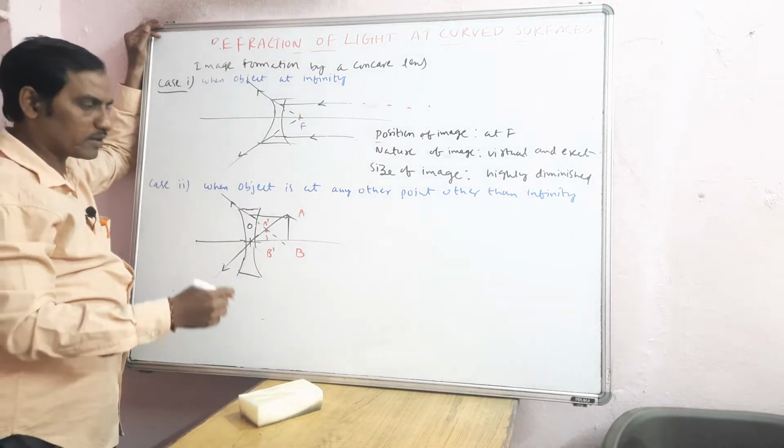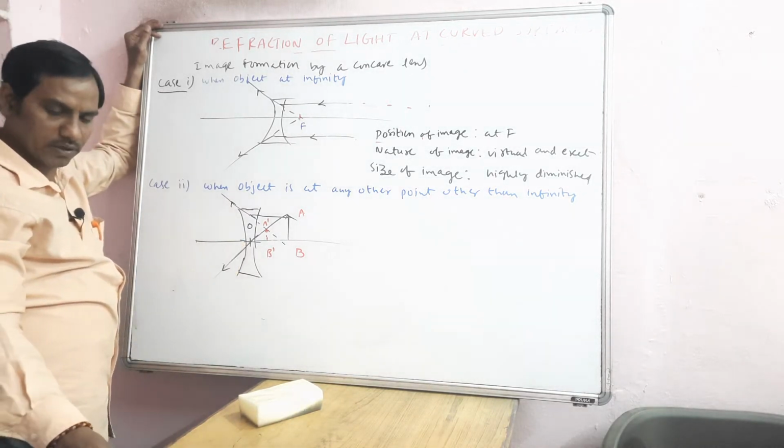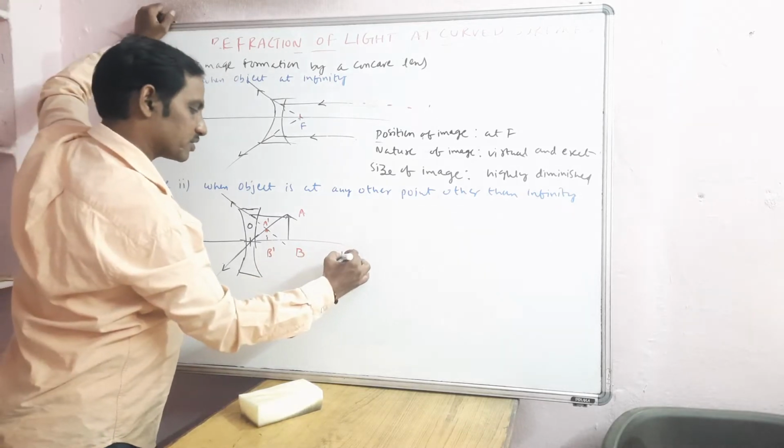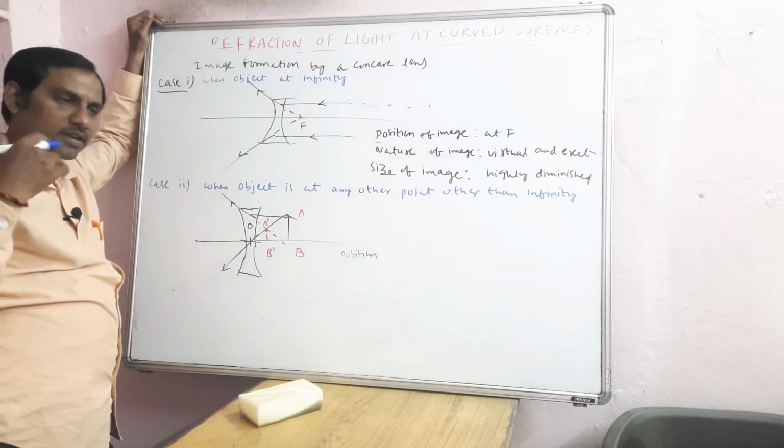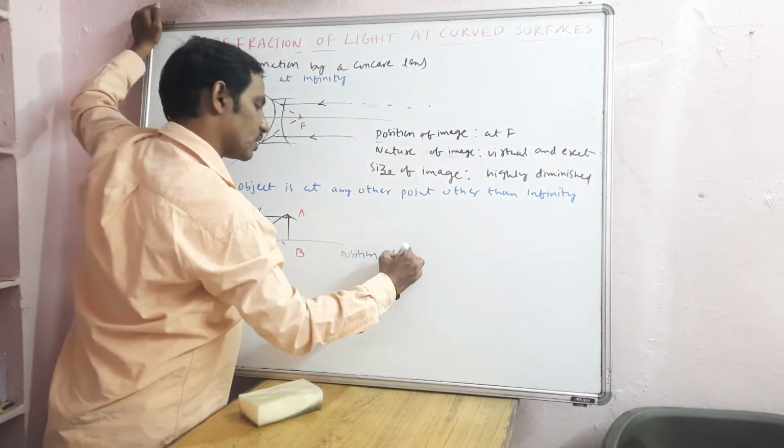Now what is the nature of the image? Simply you can write the nature of image and position of image. For position, you have to say it is formed on the same side of the object.